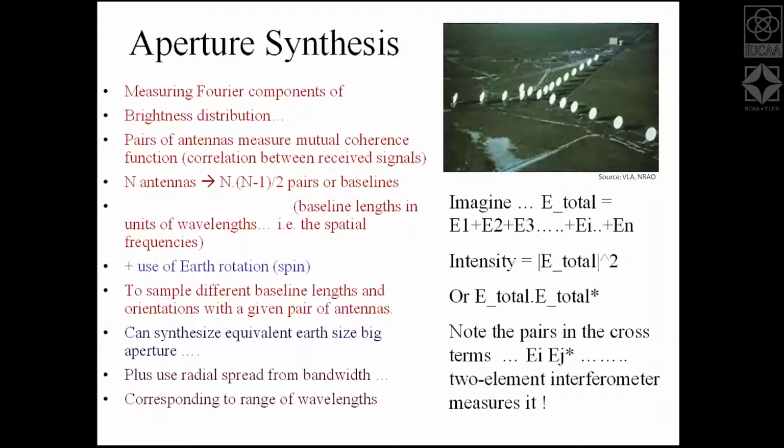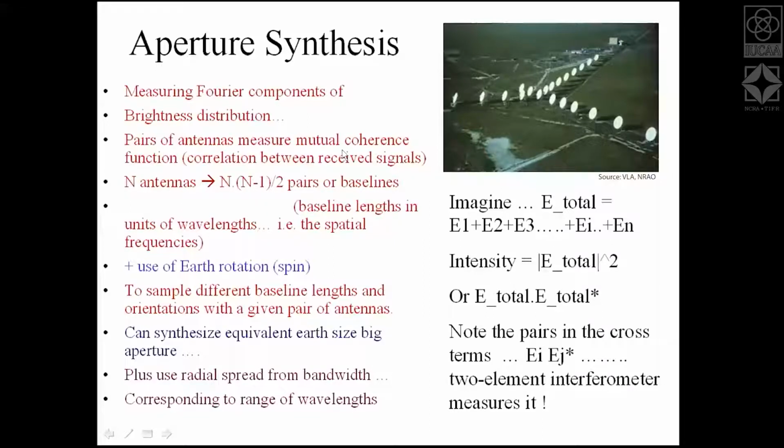And that measurement involves using a pair of antennas and asking how similar the signals received by the two antennas are. Formally speaking, we look for mutual coherence in the signals that are received in the two locations. And this amounts to actually measuring one Fourier component or one filtered sinusoidal pattern in the composition of the sky.